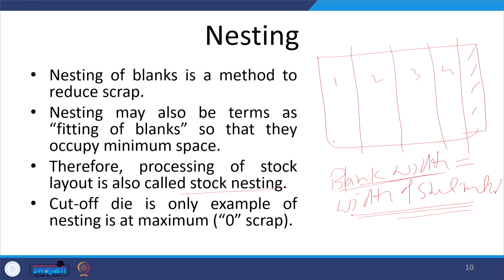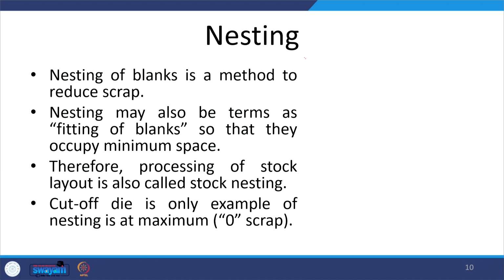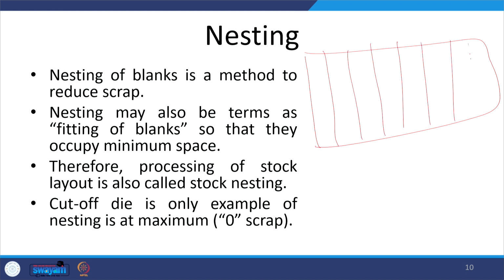But if the cut length is identified in such a way that we are able to produce more number of blanks out of a given metal, then that will result in the maximum utilization. It is possible in this case to get, say like this, 1, 2, 3, 4, 5, 6, 7, 8. So, the entire strip has been used for producing the blanks, and there is no scrap.